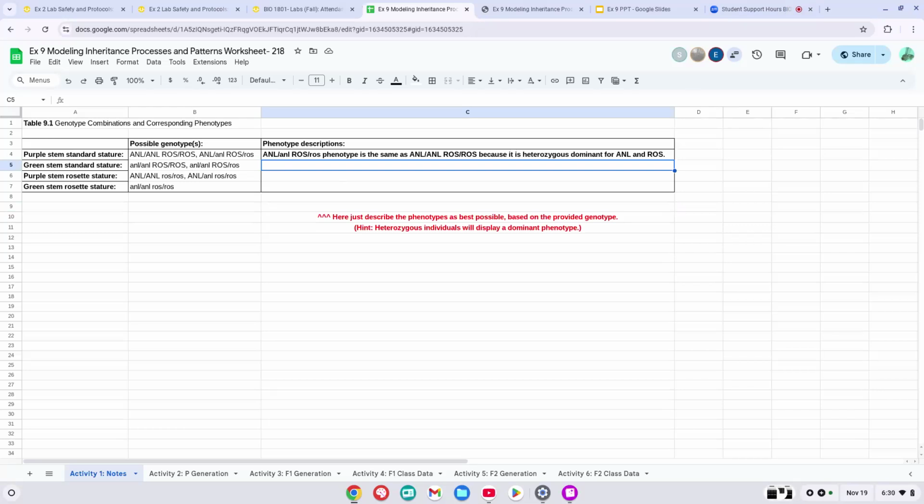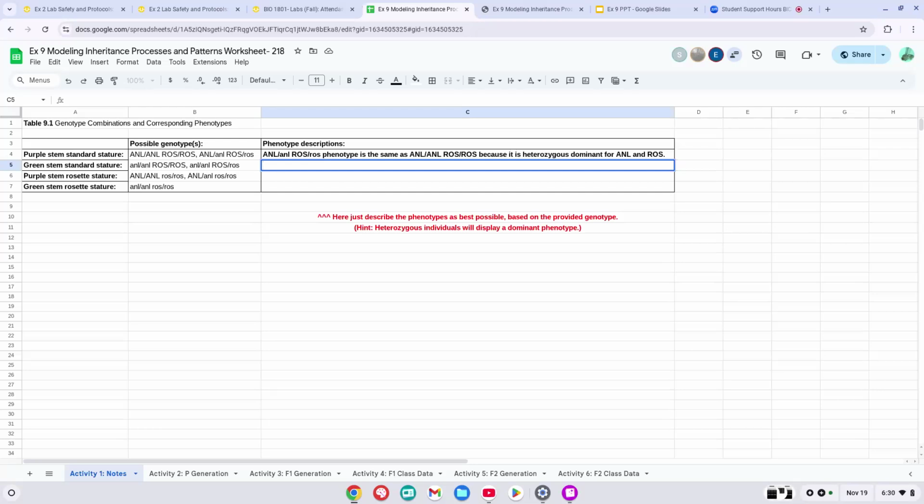So we have A&L, A&L, okay? All right. And then we have ROS, ROS, then A&L, A&L, and ROS, ROS. We know that the purple stem is dominant, but we know that it's standard in stature. So you could say something about it being homozygous recessive, right?